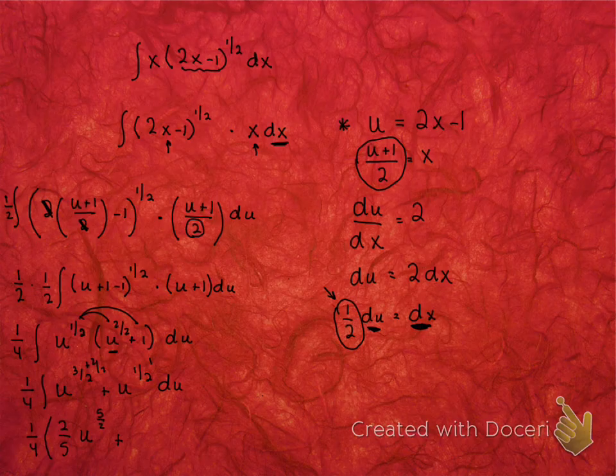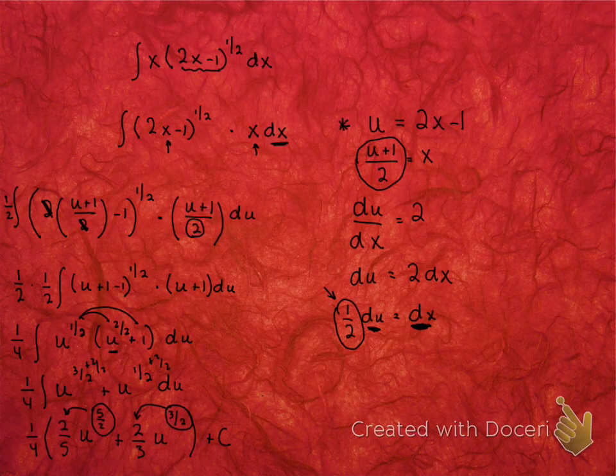And then when we add the 2/2 to the u to the 1/2, we're going to get 2/3 u to the 3/2 plus c. Remember, whatever we got as our new power can come out front as a flipped fraction.